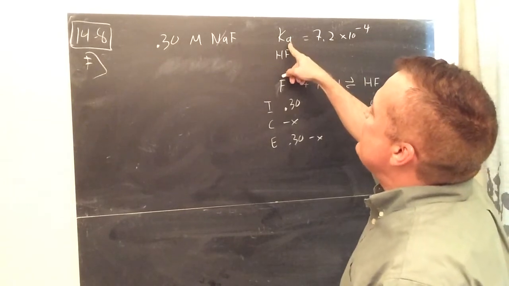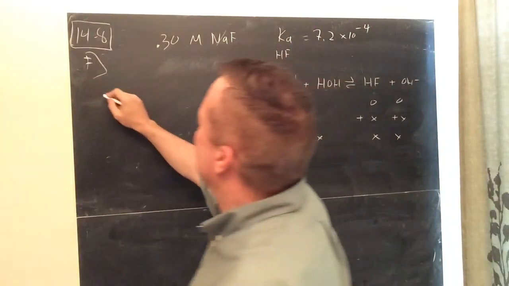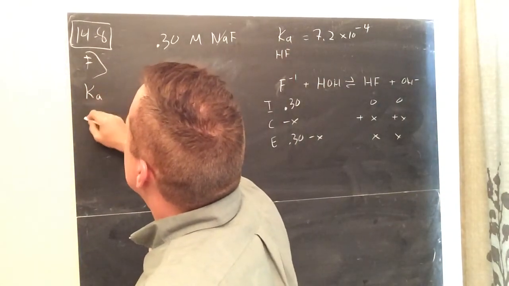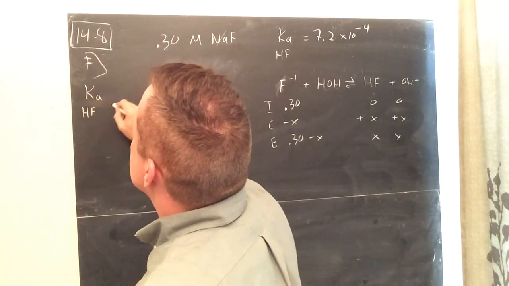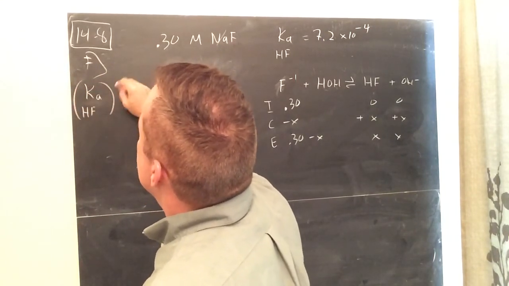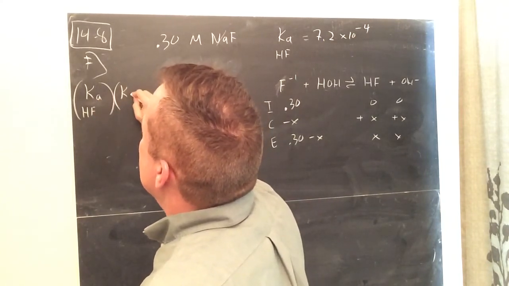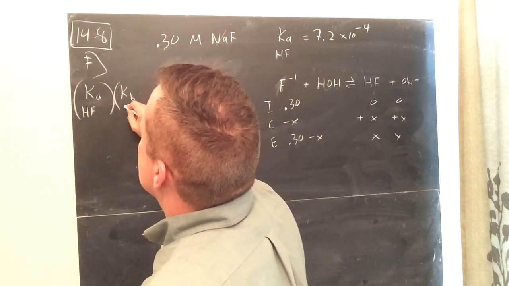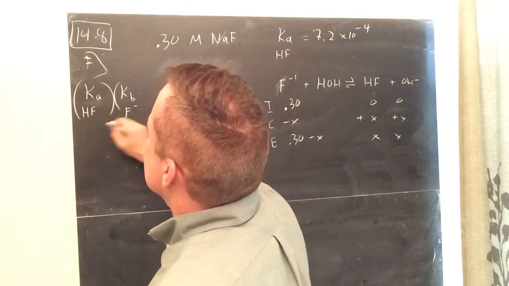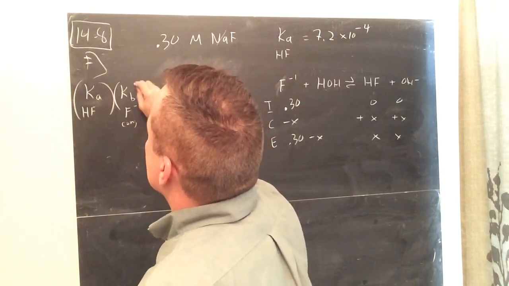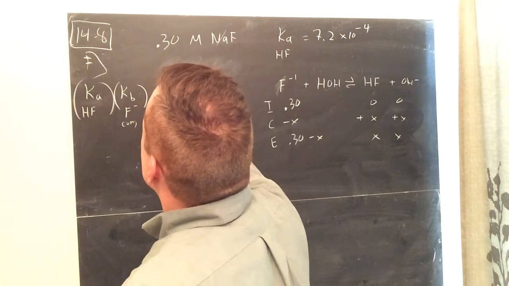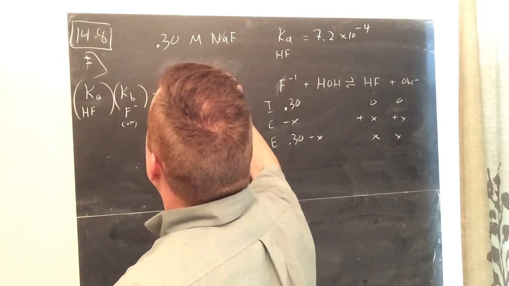The Ka, and I told you this already in a video, but the Ka for any weak acid times the Kb of its conjugate will always equal 1 times 10 to the negative 14.